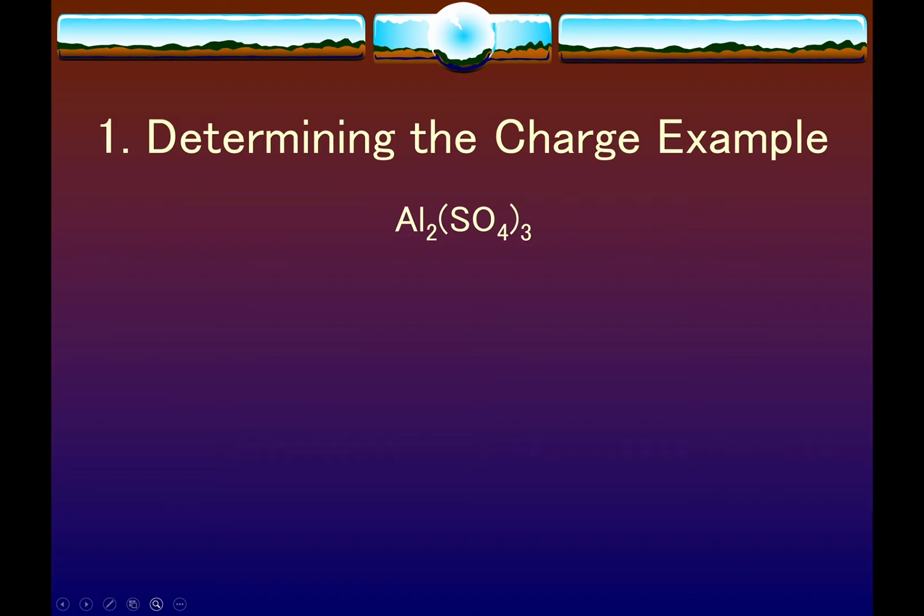Let's see an example. Take a second to try and name this. I want you to get in the habit of practicing that every time you see a formula. This is aluminum sulfate, Al2(SO4)3. Aluminum is listed on the periodic table having an oxidation number of +3.